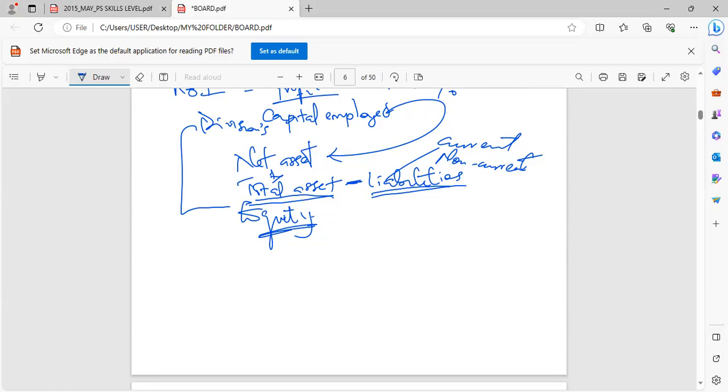All right. What are the components of the statement of financial position? We have the non-current assets, we have current assets, we have non-current liabilities and current liabilities. Okay. Do you remember the accounting equation? I guess so. Okay, what's the accounting equation?